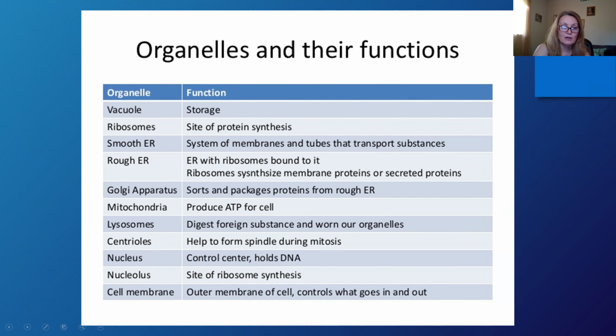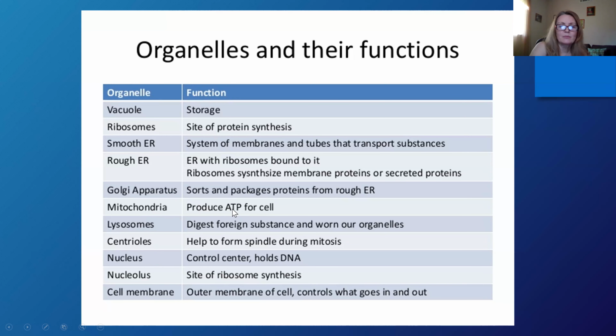And then within the Golgi apparatus, proteins are sorted, modified, and stored, and secretory vesicles form from the Golgi, moving towards the cell membrane, and either those proteins become part of the cell membrane or they are secreted out of the cell.